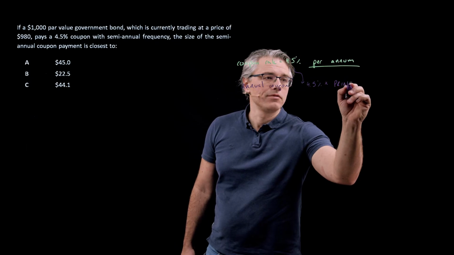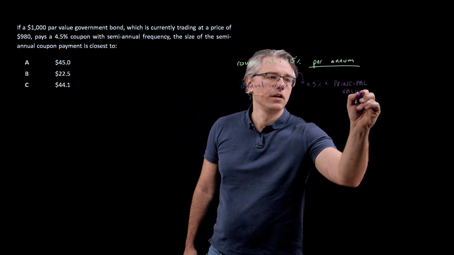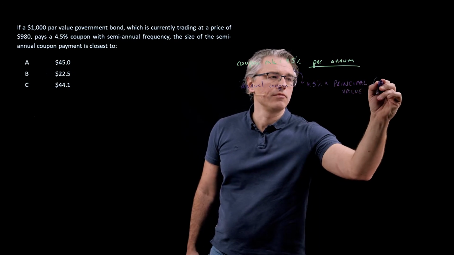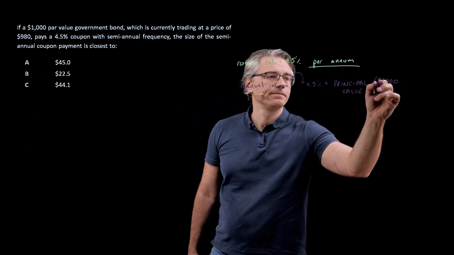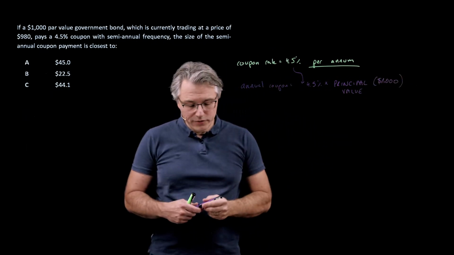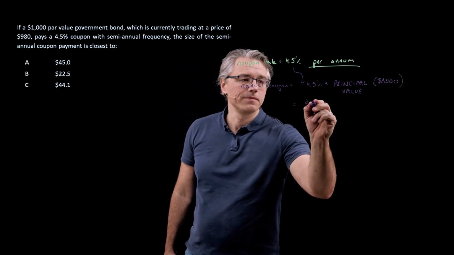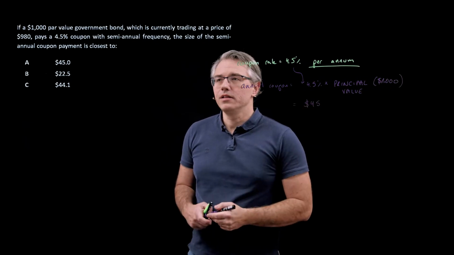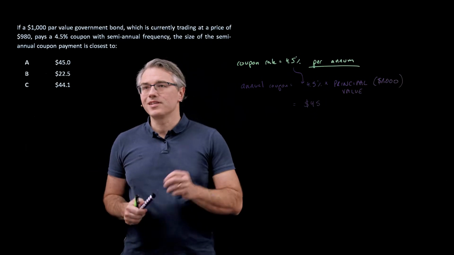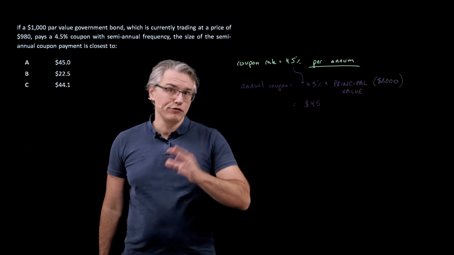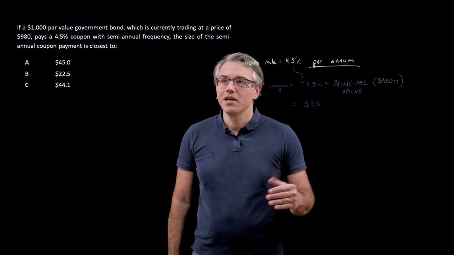So principal value, which in this case was $1,000. Good. Which obviously comes in at $45, doesn't it? Now, the only thing that remains is to compute the size of the semi-annual coupon, given the fact that these coupons are paid once every 6 months.